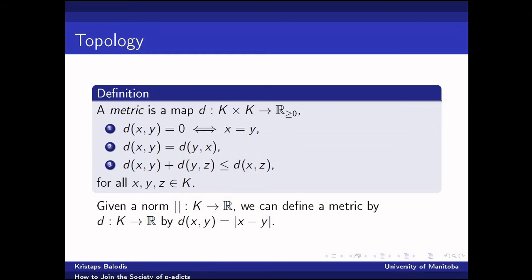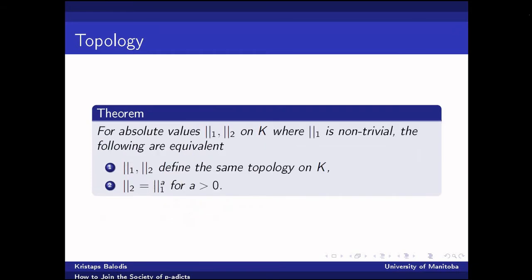So we can now define a metric in terms of our norm by simply setting the metric d(x, y) to the absolute value of x minus y. And of course, now that we're talking about metrics, that means we have metric spaces. It makes sense to talk about balls of radius epsilon, and in particular, we can generate a topology.